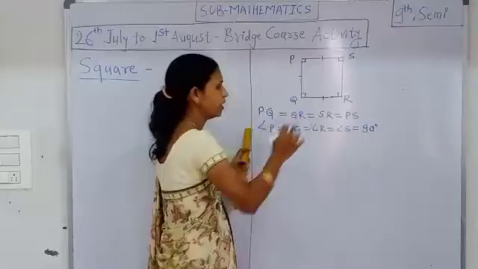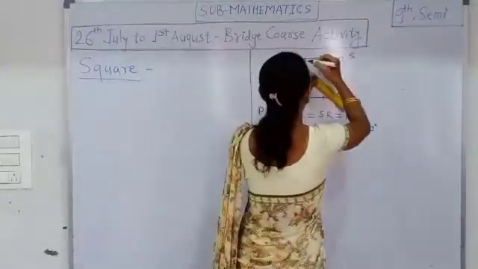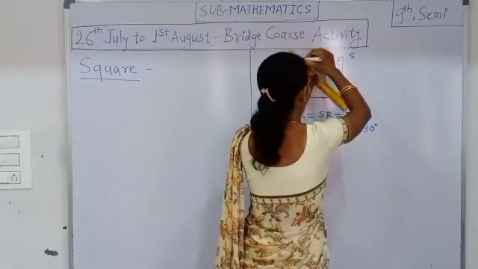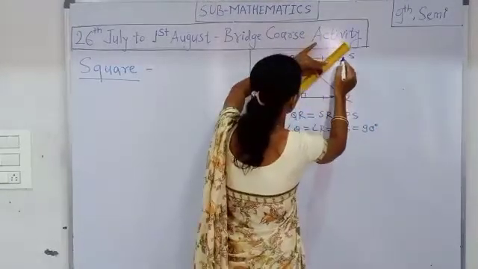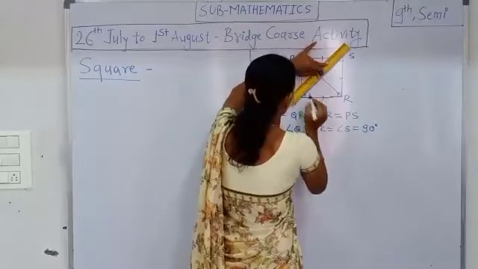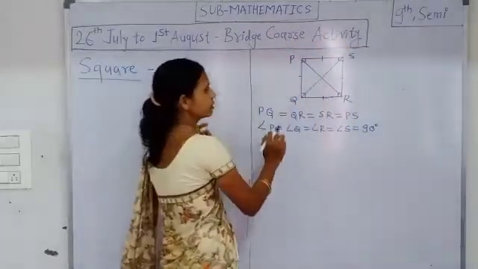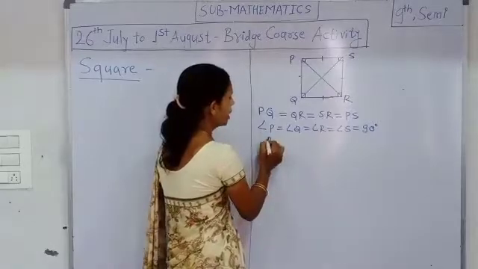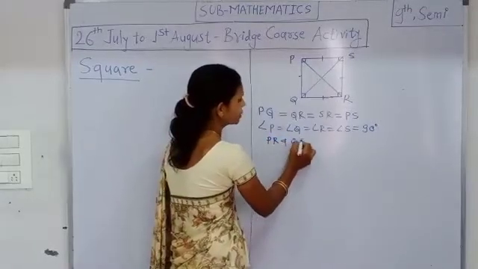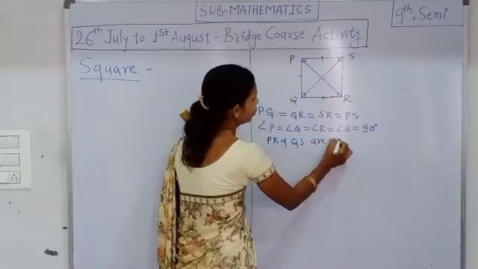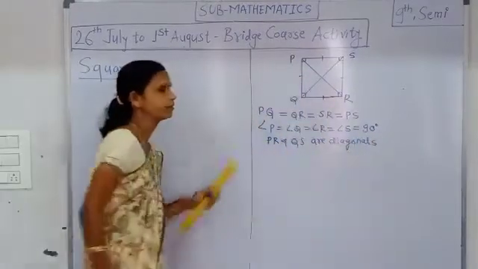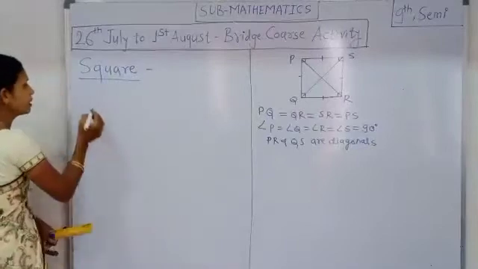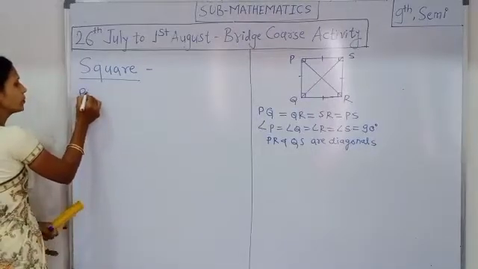All four angles are 90 degrees. Now the diagonals of that square: in this diagram, PR and QS are the diagonals of the square.